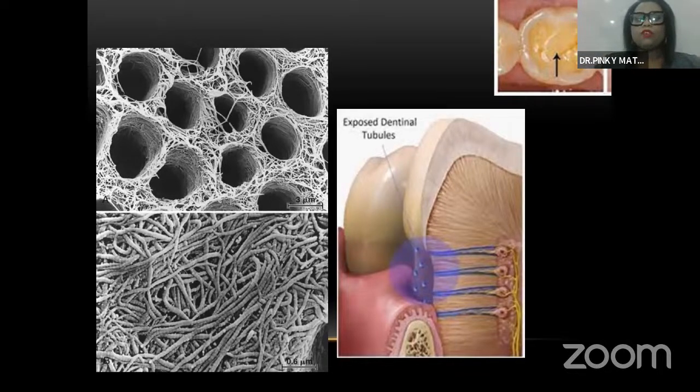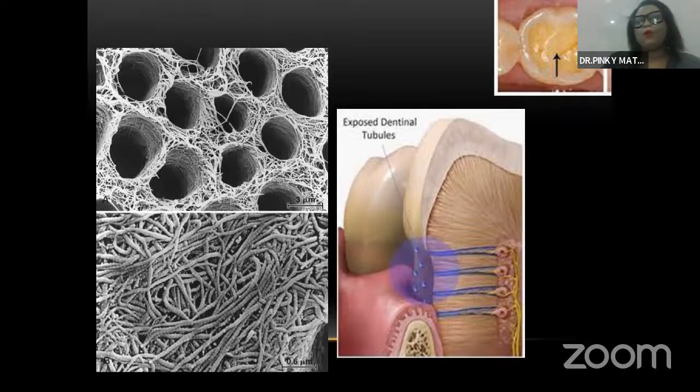Now, it's an acid. So acid generally is something which is going to wash out your water. When it comes to enamel, it doesn't really matter because there is no water there. But here you have water, which forms the gel content of your collagen fibers.